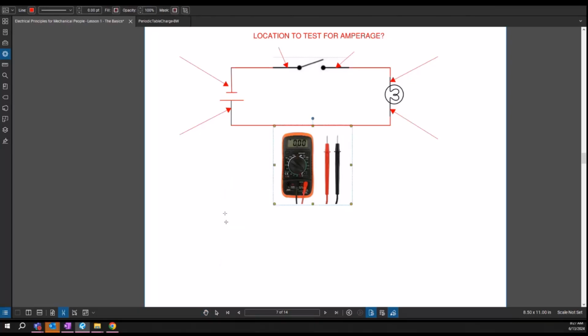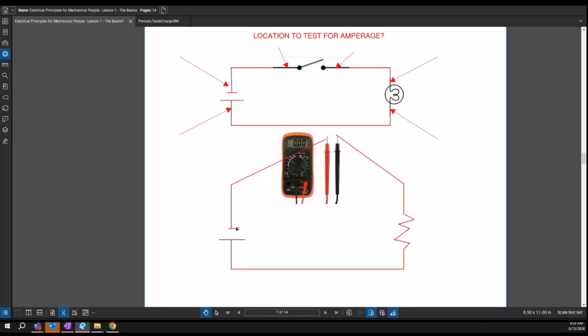So it'll be battery, into the multimeter, out of the multimeter, and then you've got the load here, which I'm just going to draw as a quick resistor all the way back to the battery. Since the electrons are flowing through this conductor, they have to flow through the multimeter and continue down.